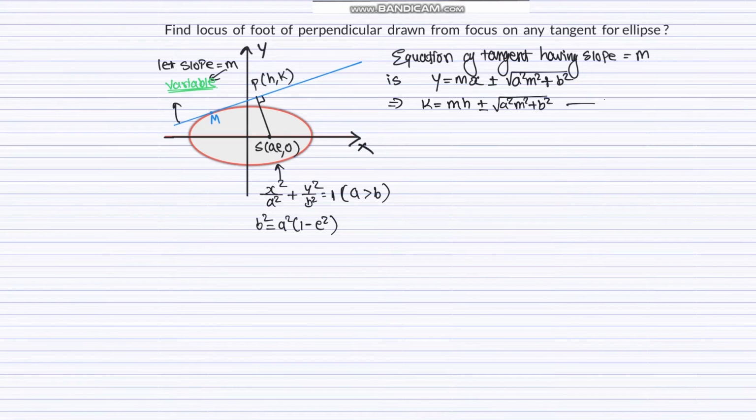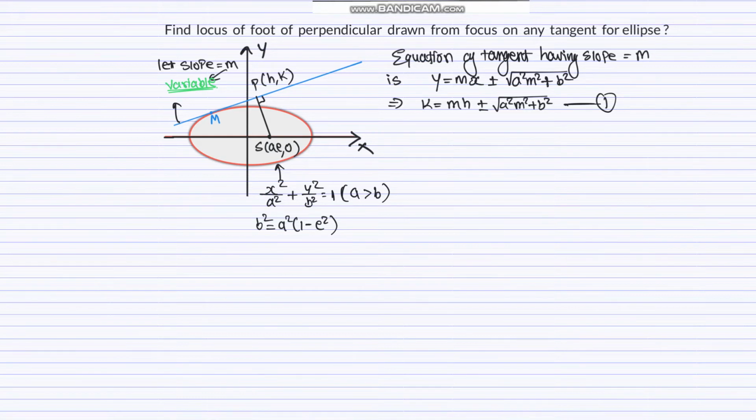This is one of the relations that we have deduced between h, k and m. Since m is variable, we have to eliminate m from here. In order to eliminate it, we need to deduce one more equation from the given conditions. So let us think about that. We can observe that the slope of this line PS will be what?